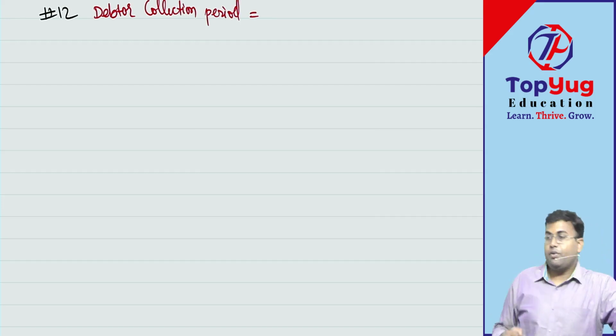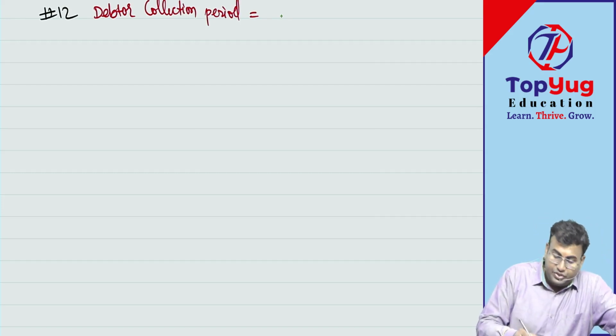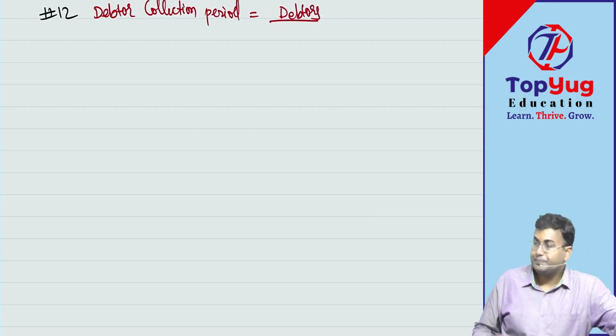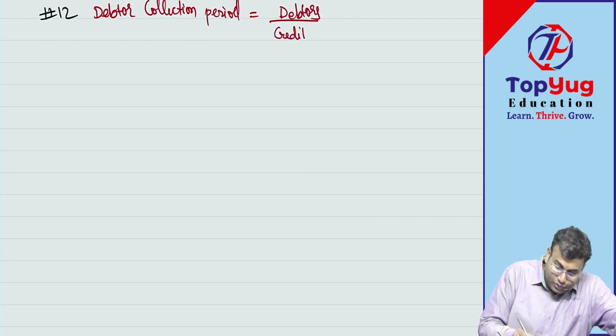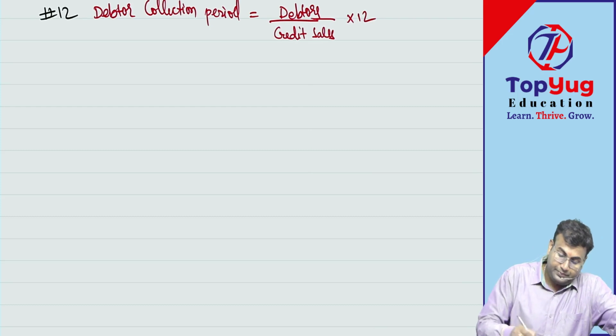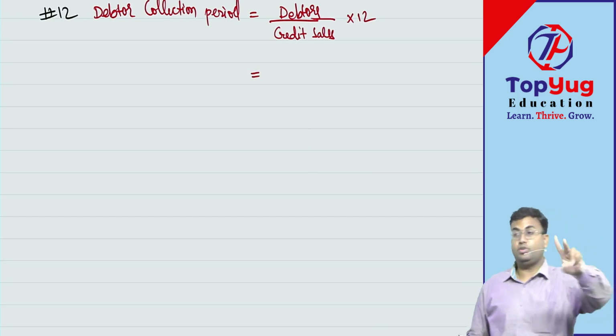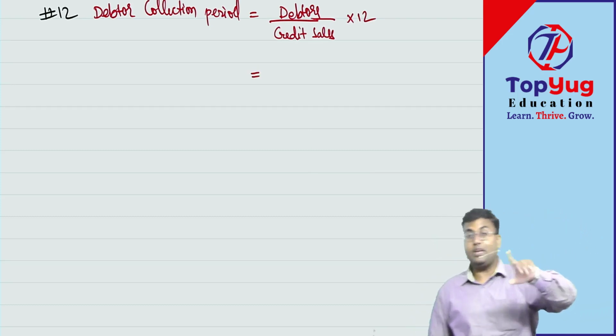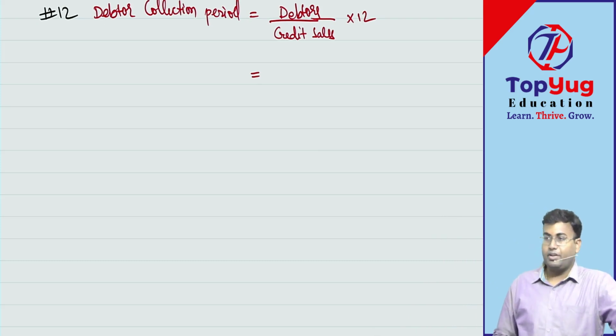We already know that the debtor collection period is debtors by credit sales, which is total sales in this case because there is no cash sales, into 12, because the number is given in months. 2 months they are saying, so that's why I'm taking 12, not 365. Got it?